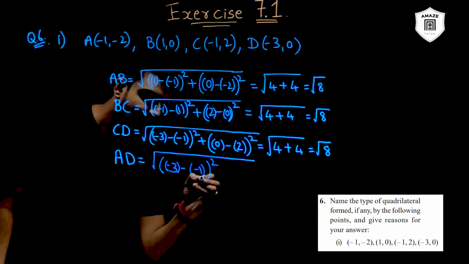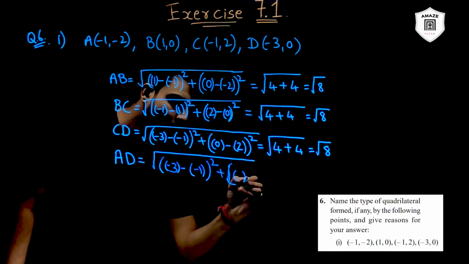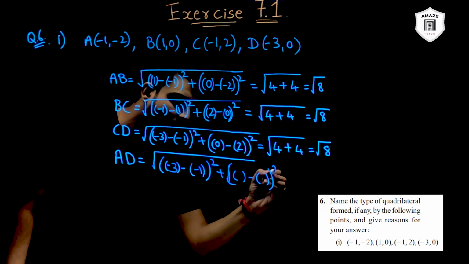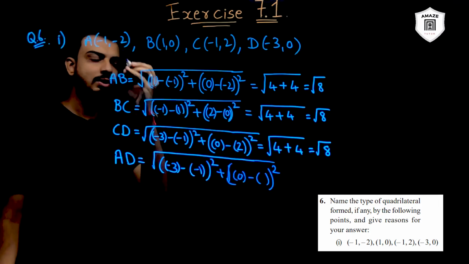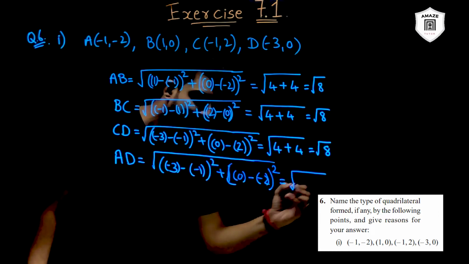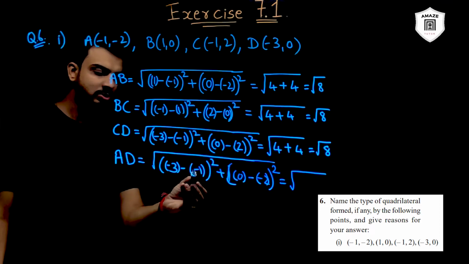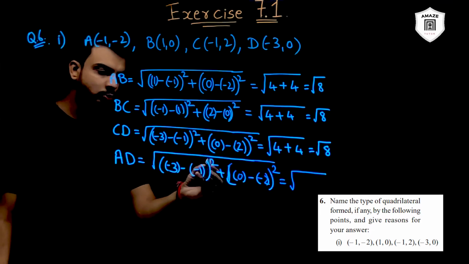Minus 1. Plus y2 minus y1 the whole square. What is y2? 0 minus, what is y1? Minus 2. So let's see what we are getting. We are getting it as minus 3 plus 1. Minus minus becomes plus. Minus 3 plus 1 is minus 2. Minus 2 square is 4 again.